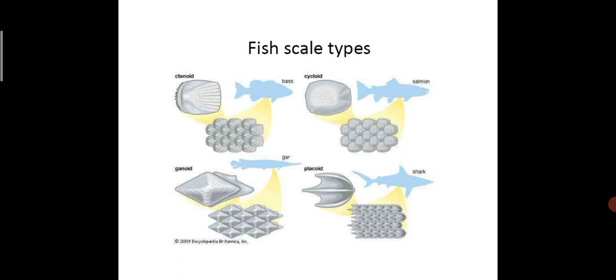The spine is very pointed, and the basal plate is diamond shaped or U shaped. There is an opening in the center, the pulp cavity. So you can see a top portion and a bottom portion in the placoid scale.